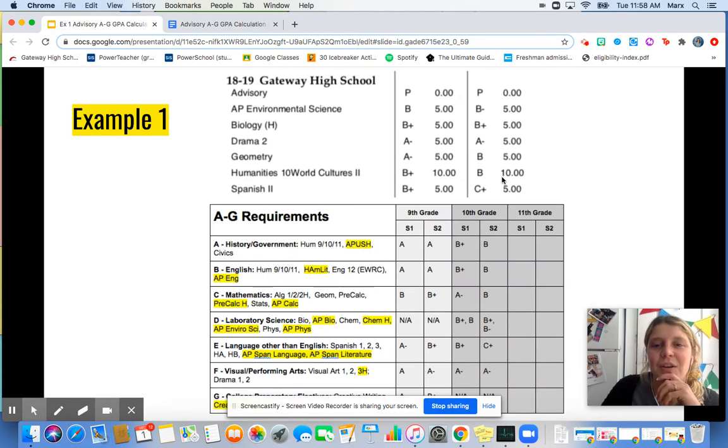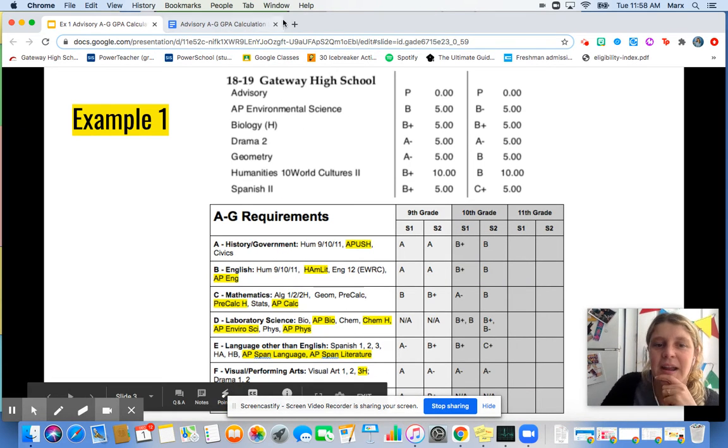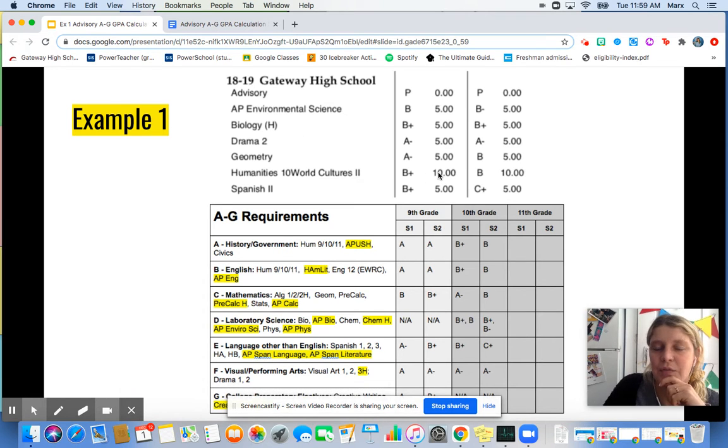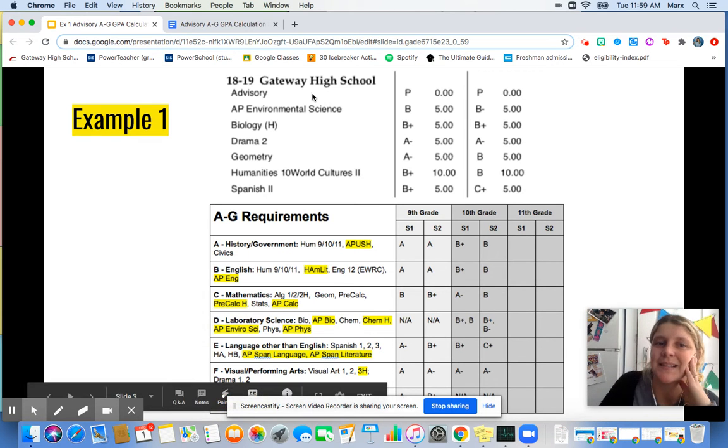Then we're going to look at their sophomore year, so 10th grade. Again, they have humanities 10, so we count that grade for English and history. So history, they have a B+ and a B. English, B+, B. Math, A-, B. They have 2 science classes because they took AP Environmental Science and Biology, so I put both grades in here, a B+ and a B in semester 1 in the science category, and a B+ and a B- in semester 2.